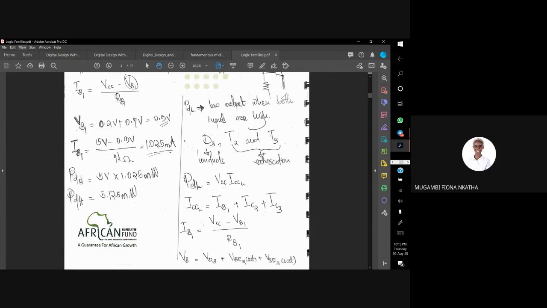In the high output condition, our T2 and T3 were in cutoff, but now they're in saturation. So our VB1 will be equal to the voltage across the diode, the CB junction, or VD3, plus, because T2 and T3 are going into saturation, VBE2 SAT plus VBE3 SAT. That's our VB1.